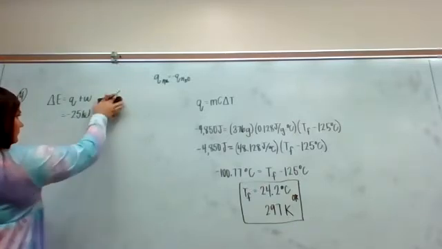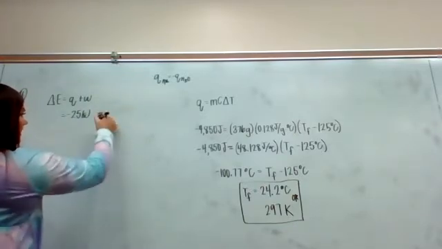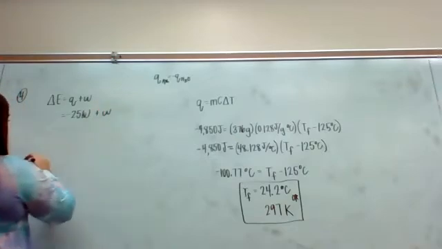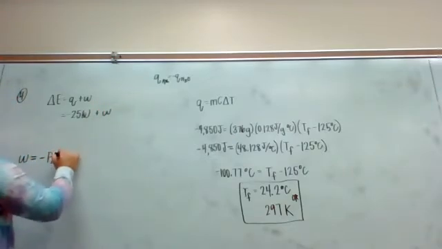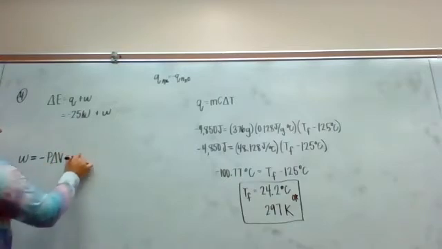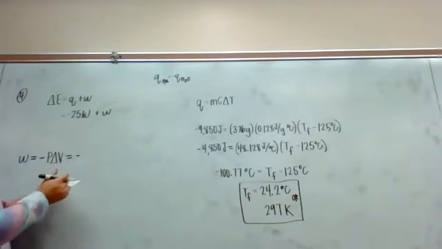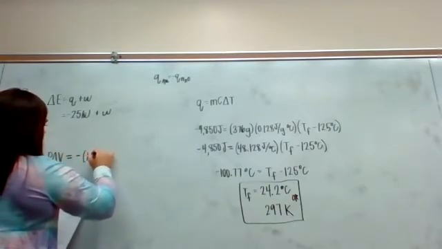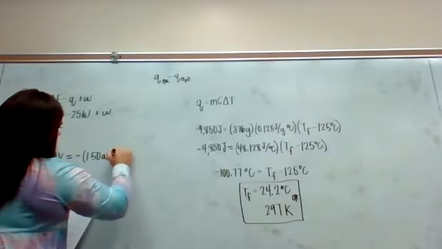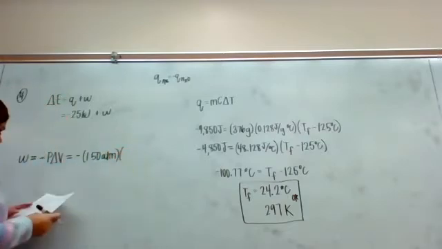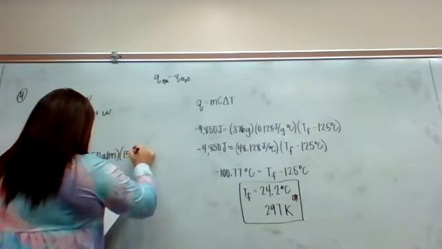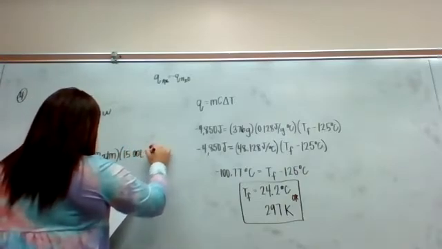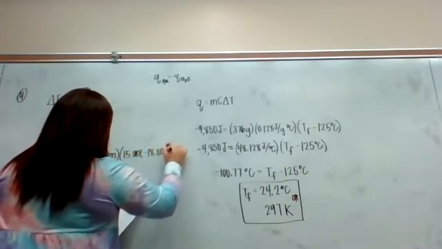So I always come down here and do my work separately. So negative pressure, delta V. My final is 15 liters. Initial was 18.